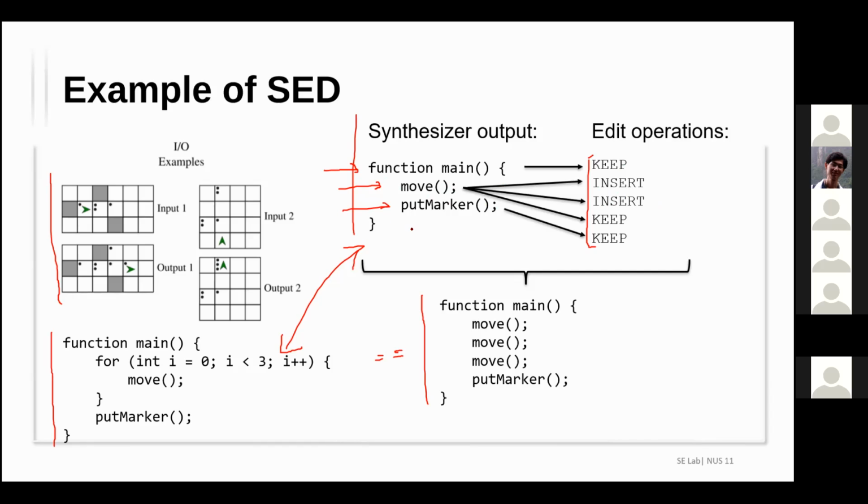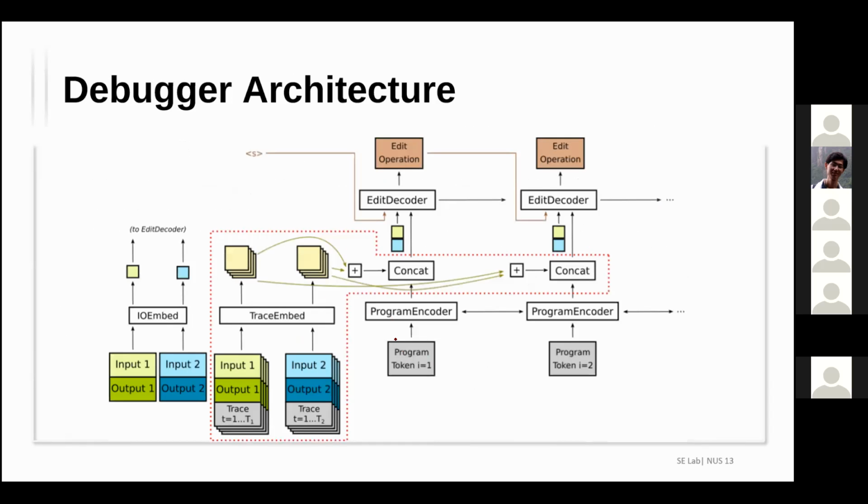So the idea, if we go back to the diagram over here, is that if it's an insert instruction, the program token stays. But if it's any of the other operations, it moves to the next program token itself. By the way, I don't think any operations will let it move forward, right? Sorry?